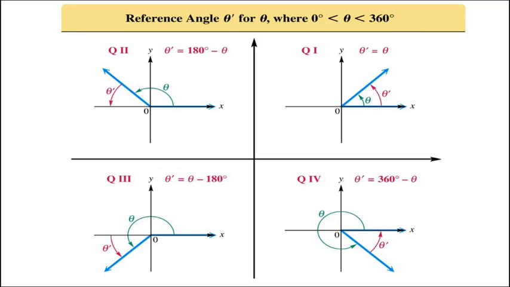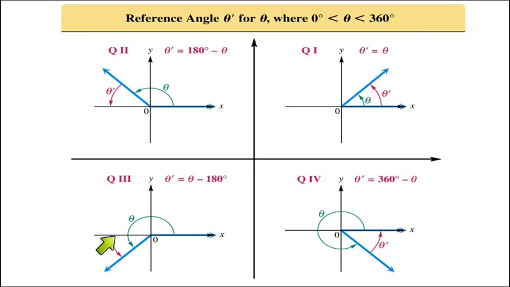Now here's a little chart that shows you where the reference angle is for every type of angle in every quadrant. In quadrant 1, the angle is the same as the reference angle, theta prime. In quadrant 2, the angle is here, and the reference angle is here. So if you start with 180 and take off the original angle, what's left over will be the reference angle.